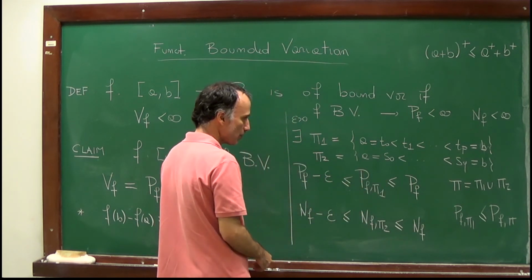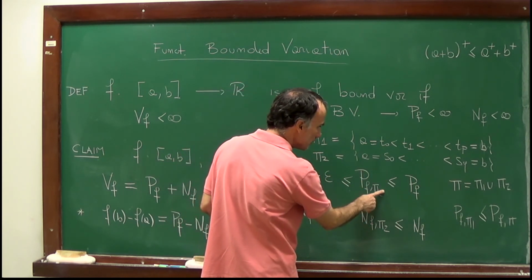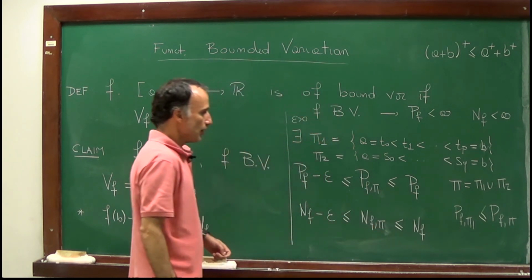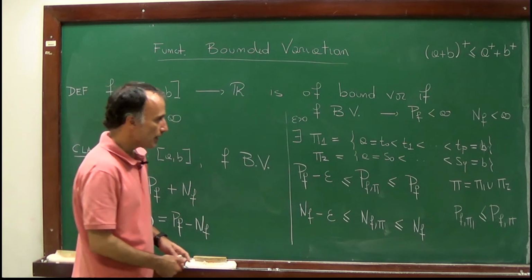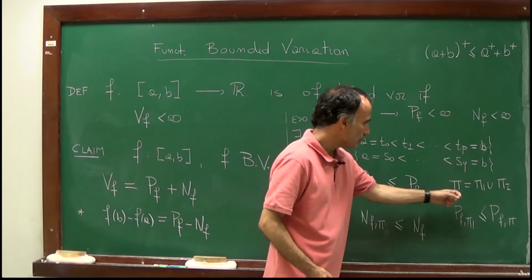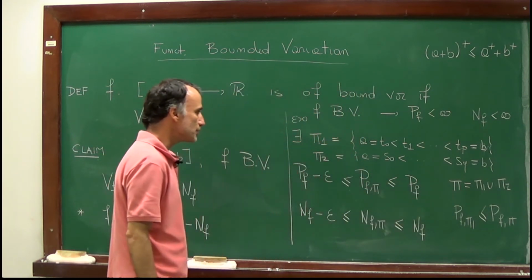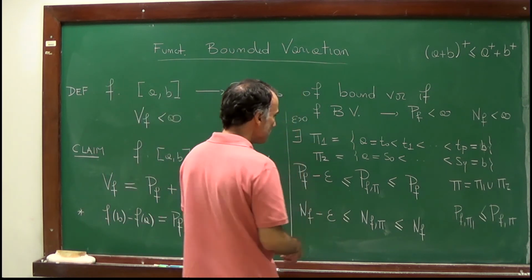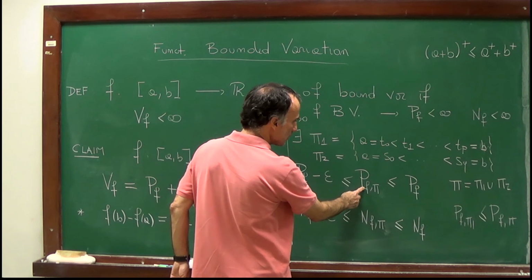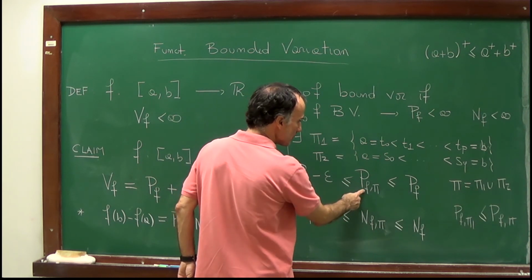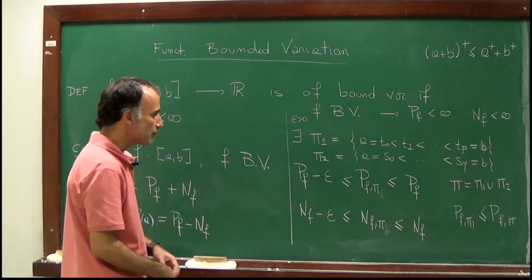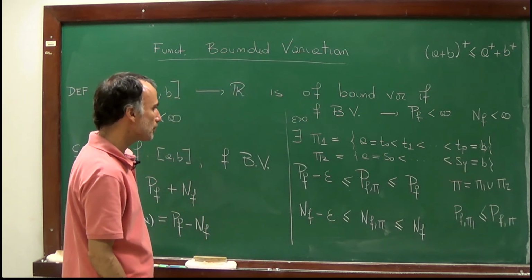So I can erase here pi 1, I can erase the 2, and keep the inequality for that partition, which is the union. And now, remember that if I take the difference between the positive variation and the negative variation, I get f(b) minus f(a). This was the previous blackboard.